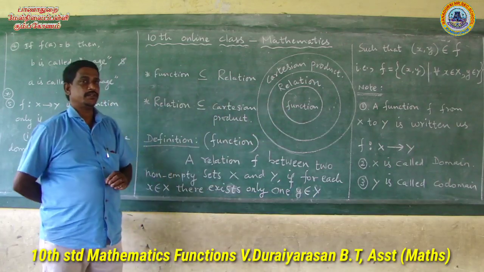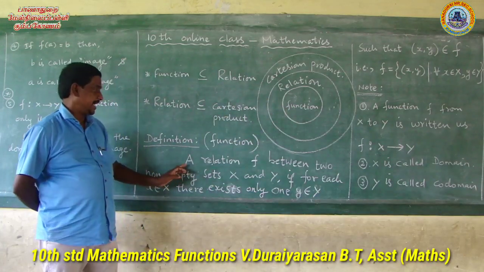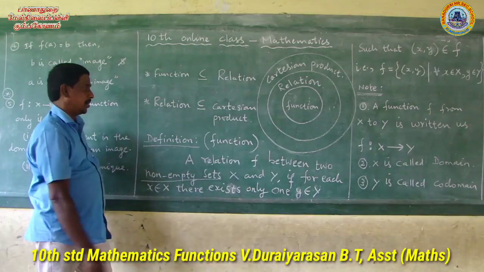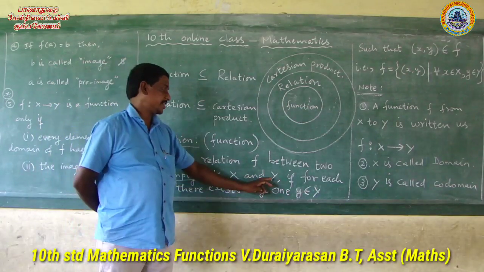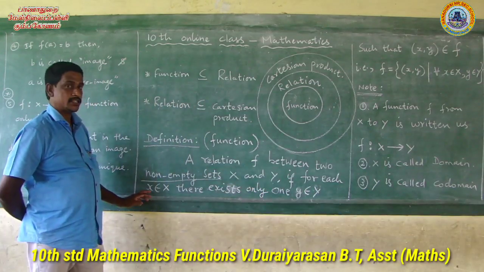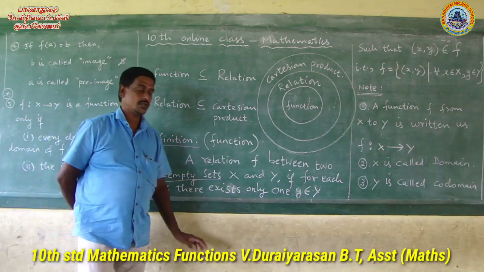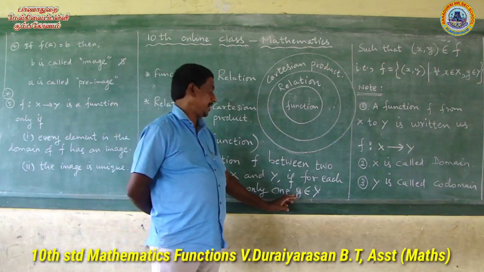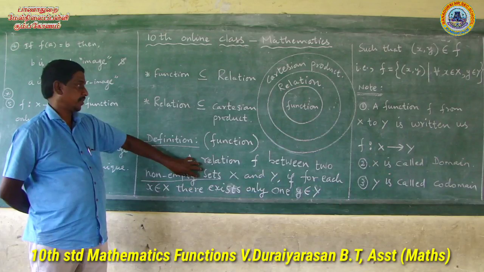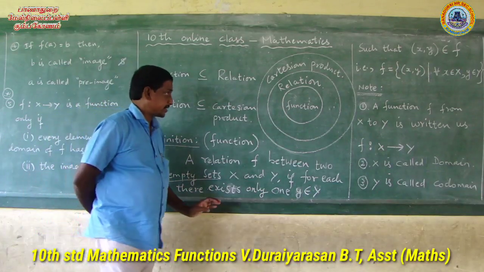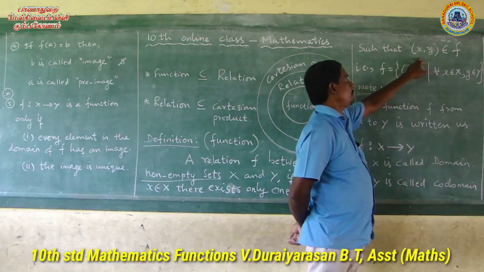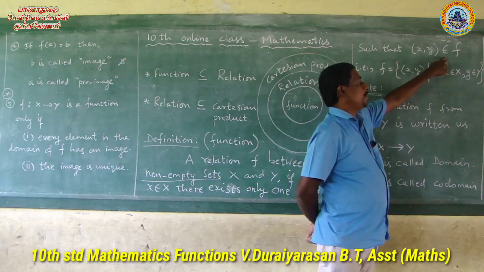What do you mean by function? The definition of function: a relation f between two non-empty sets, one set X and another set Y, is a function if for each small x belongs to capital X, there exists only one small y belongs to capital Y, such that (x, y) is an ordered pair that belongs to f.